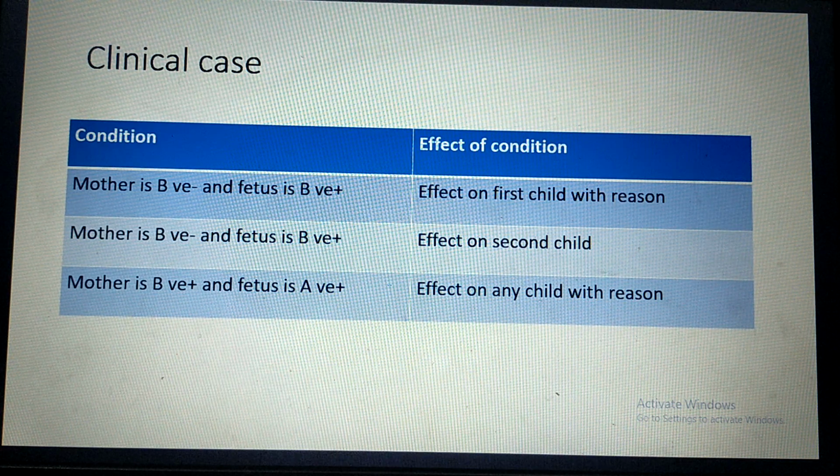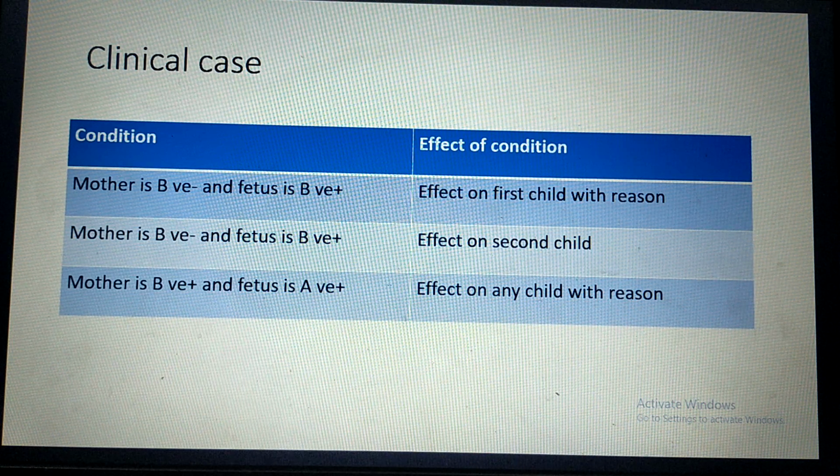Next condition is when mother is B positive and fetus is A positive. What is the effect on the child? When mother is B positive, that means she may have anti-A antibodies, and anti-A antibodies will act on the A antigen of the fetus, but this is not seen because in ABO blood grouping, the antibodies are of IgM type, and these IgM antibodies do not cross the placenta.